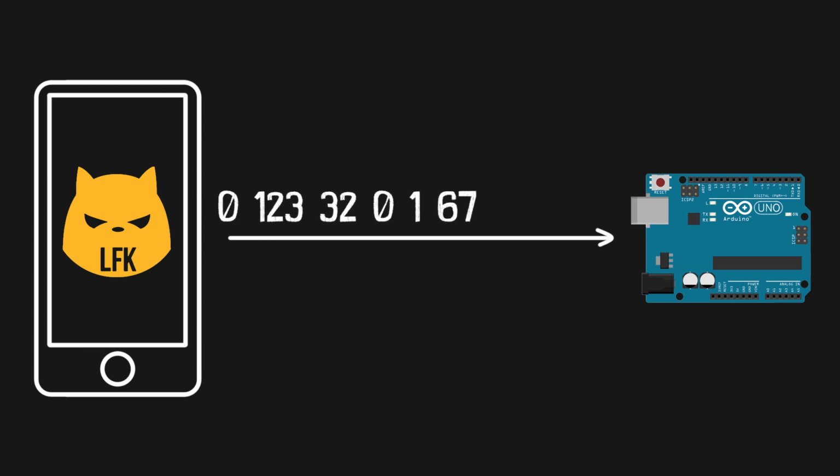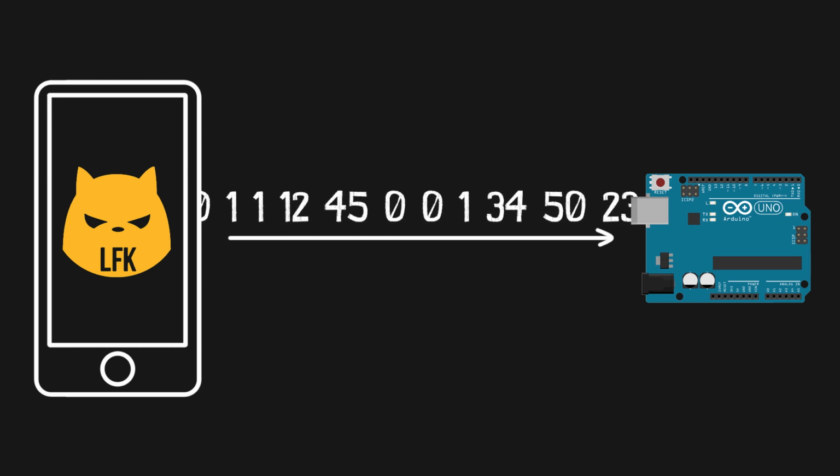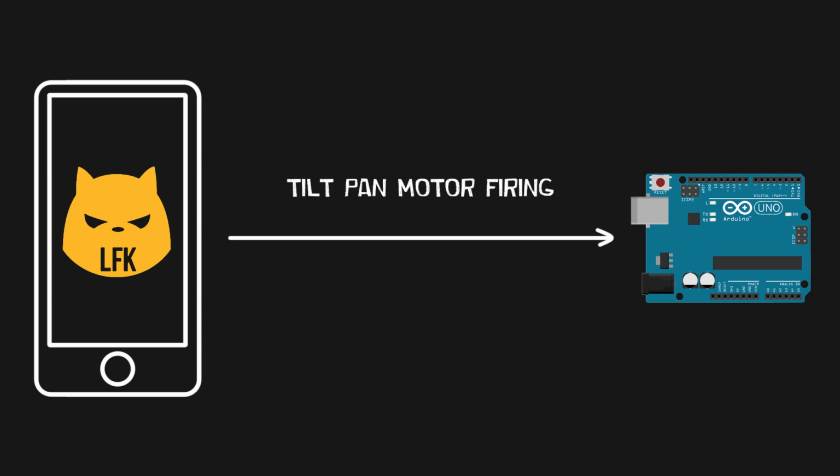So now we can send all our values across, but we can notice that we have a problem. How does the Arduino know what values are what? To solve this problem, we are going to encapsulate the message between 2 bytes, one starting byte and one ending byte.